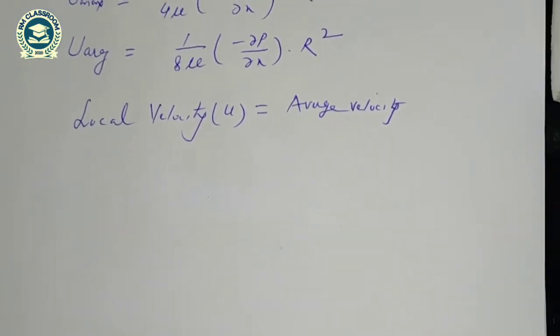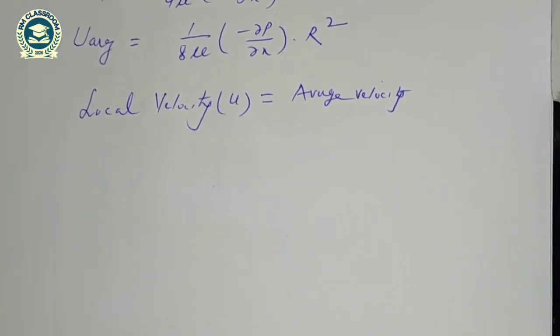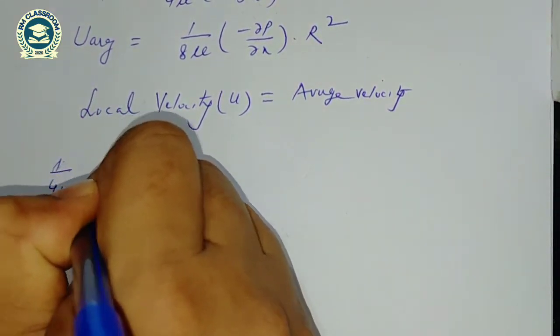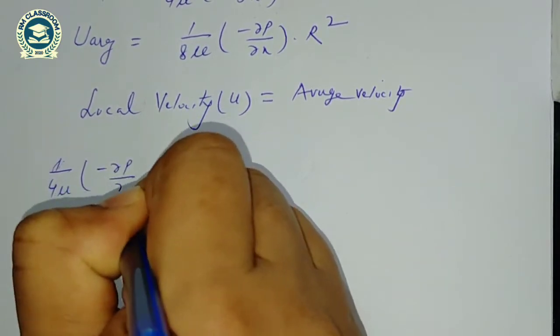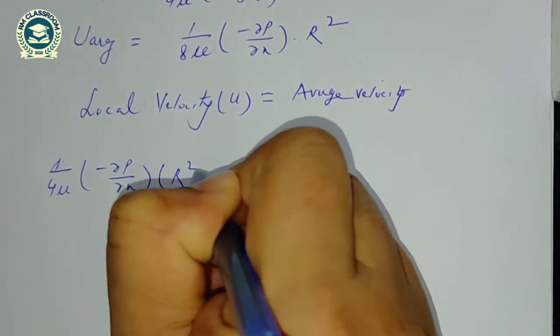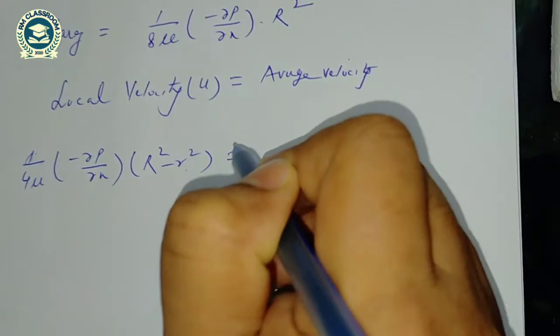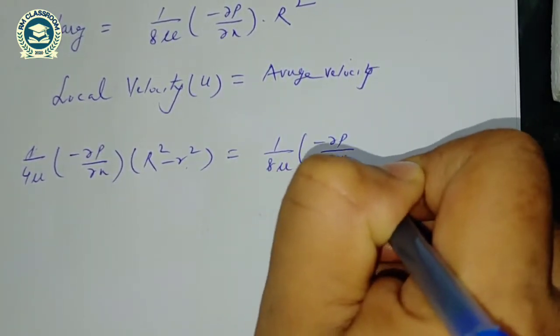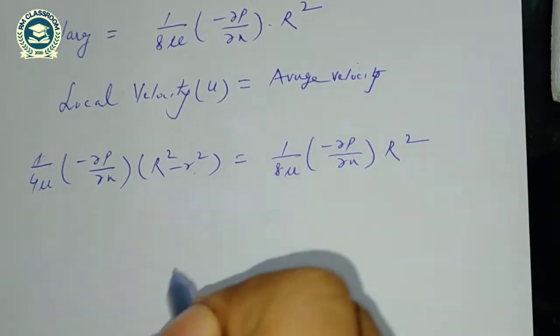So the expression of local velocity, 1 by 4 mu minus del p by del x into R square minus small r square is equal to 1 by 8 mu minus del p by del x into R square.